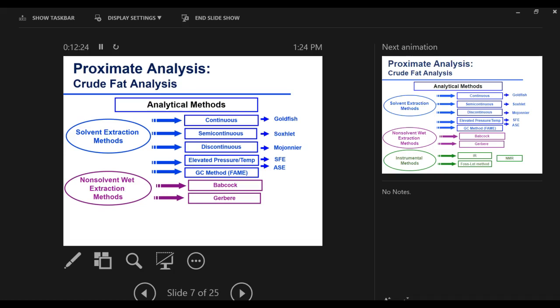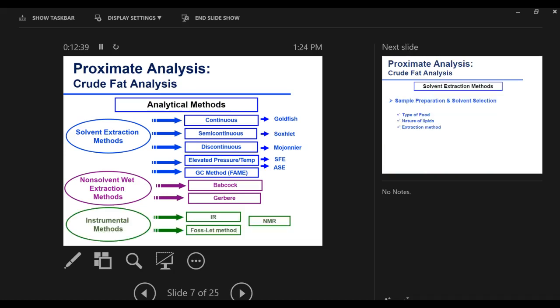The other two methods that we'll talk about are not based on solvent extraction, so we call them non-solvent wet extraction methods. They're mostly used for dairy, but we're going to talk about them. There are also the instrument methods, so IR, mid-IR, and near-IR, but these are secondary methods of analysis, so they require calibration.